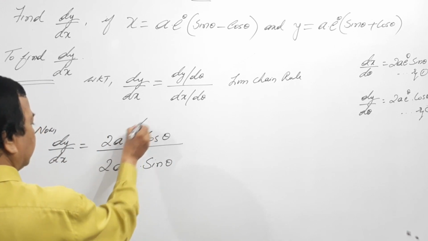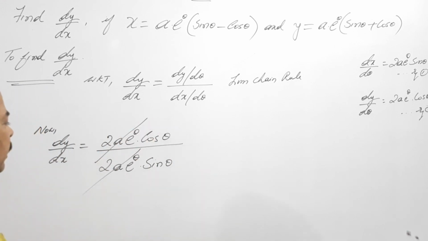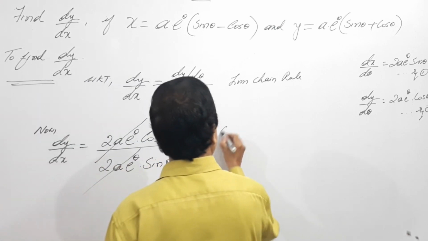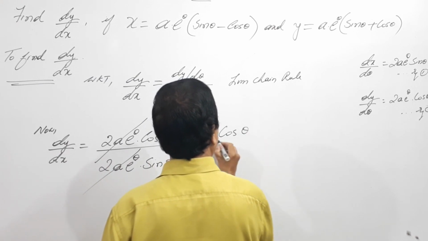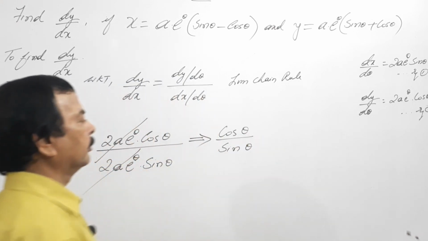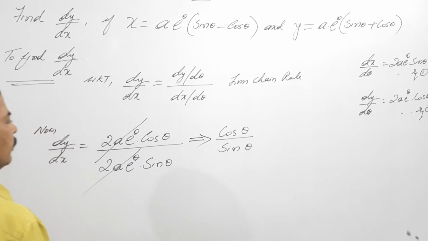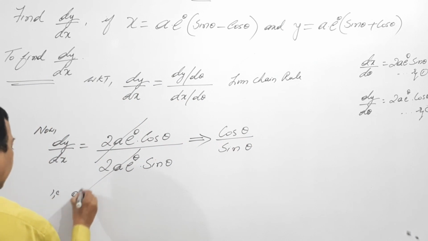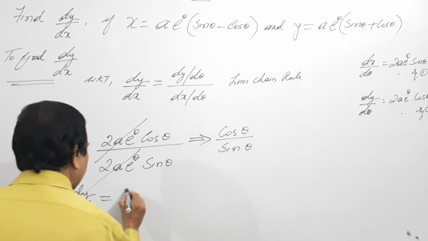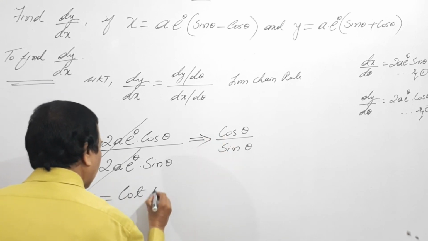Both will get cancelled here. You are left with cos theta divided by sin theta. Done. That is, dy by dx equals cos theta by sin theta, which is cot theta.